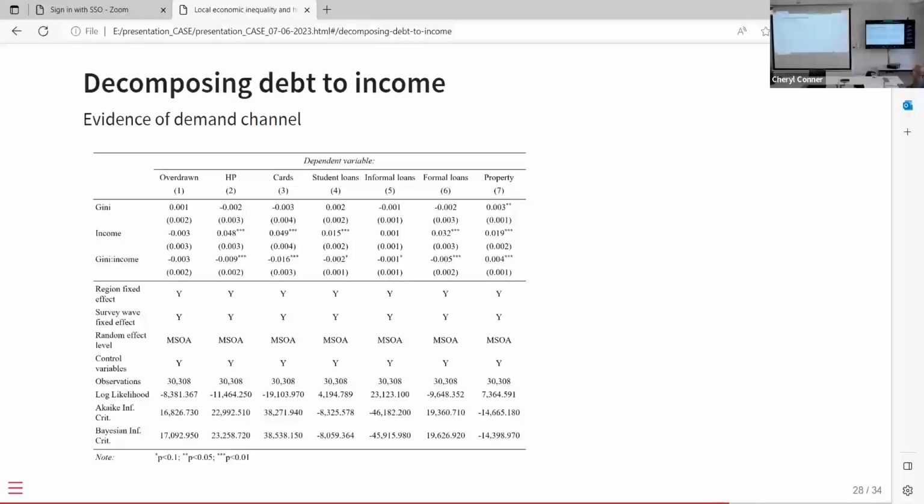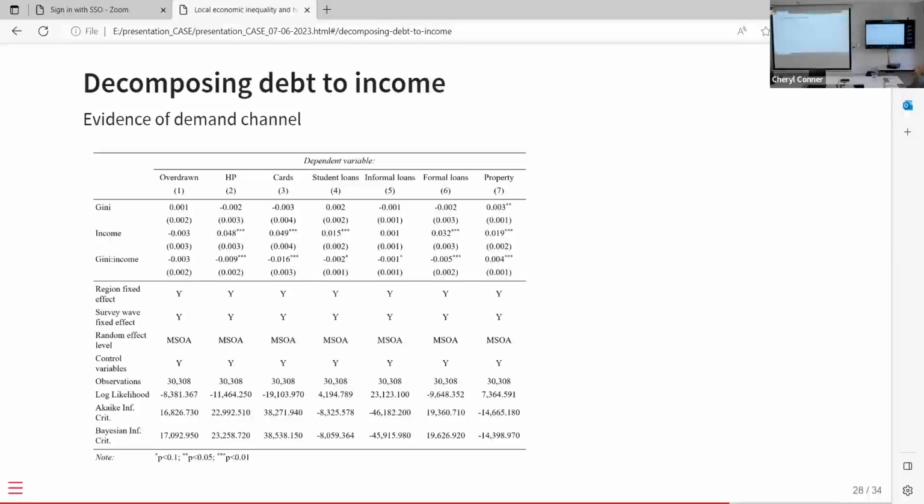Okay, so that's a bunch of robustness. Now, trying to tease apart what is driving this. At the start, I said there are two possible channels that have been theorized: demand or supply. Here, I'm decomposing the debt to income ratio into the items that you have in the Wealth and Assets Survey. For each of these columns, it's a regression where instead of consumer debt to income, it's each of these debt items to income.